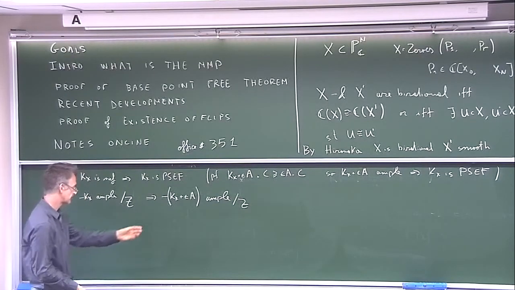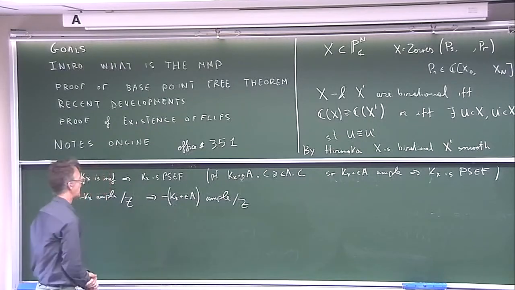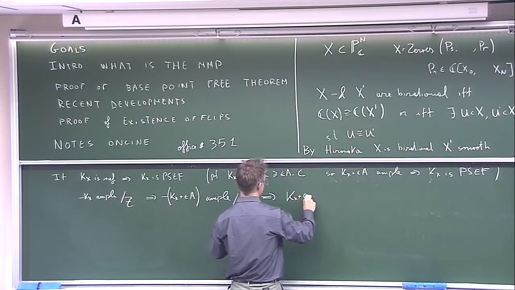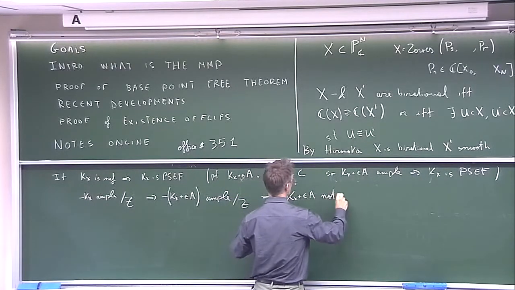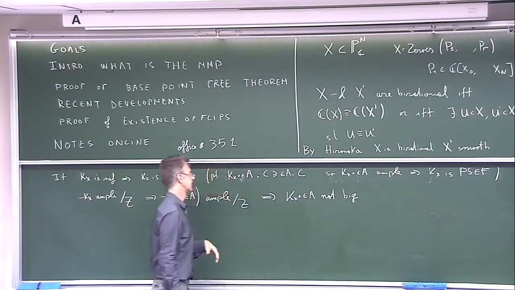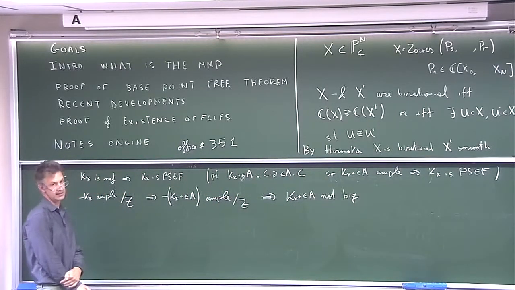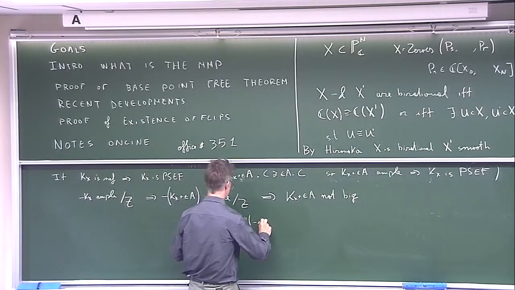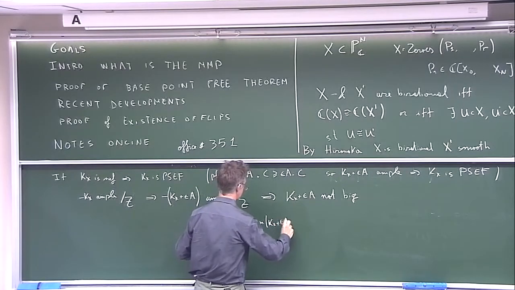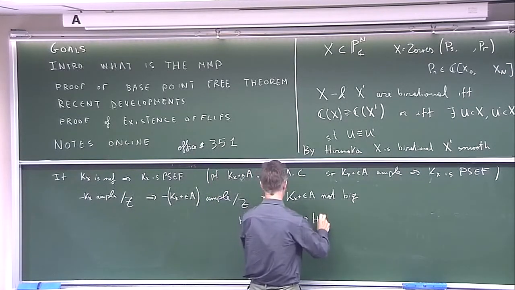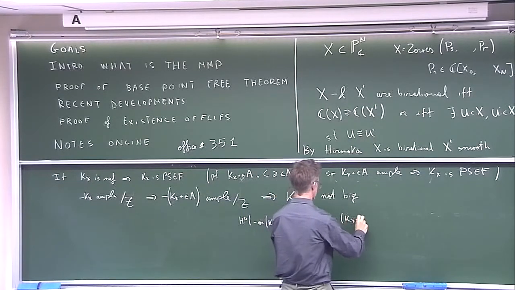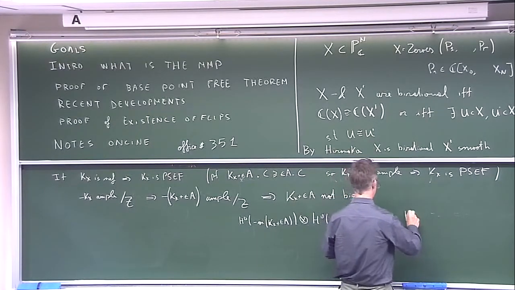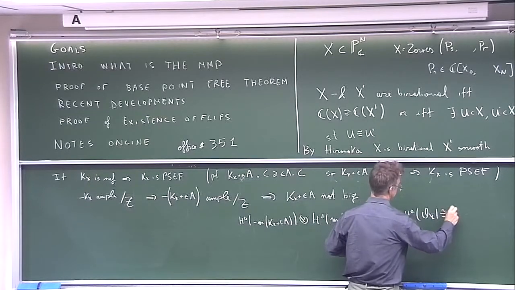So now I have to check that if this divisor is ample over Z, then Kx plus epsilon A is not big. And this is really, really easy to check. So for example, you could just take sections of minus m Kx plus epsilon A, and you could multiply them by sections of m Kx plus epsilon A to get sections of O_X, which is a one-dimensional space.